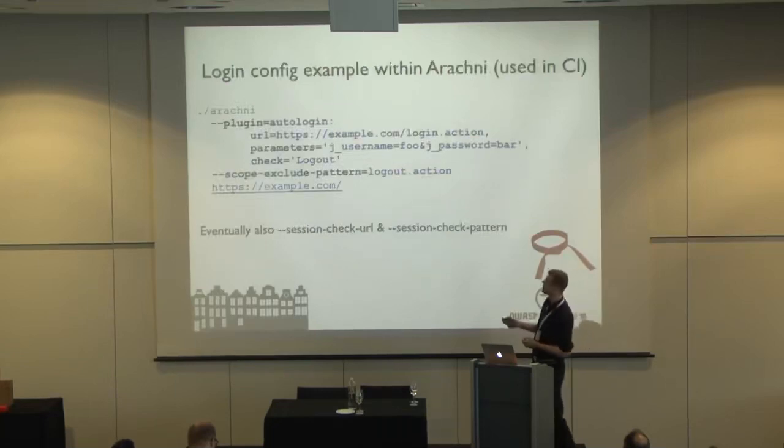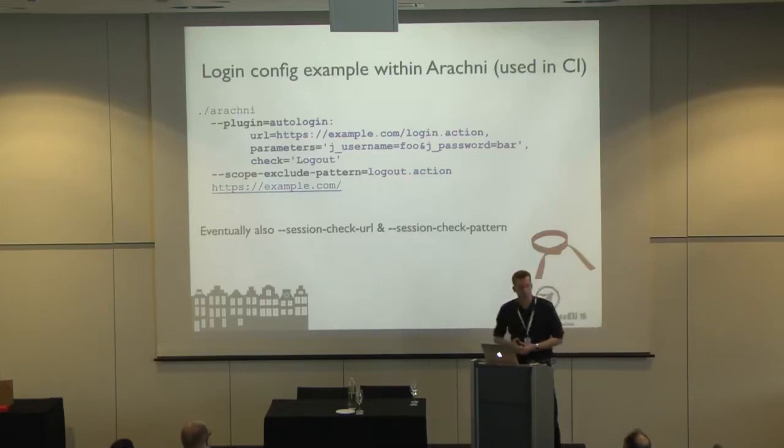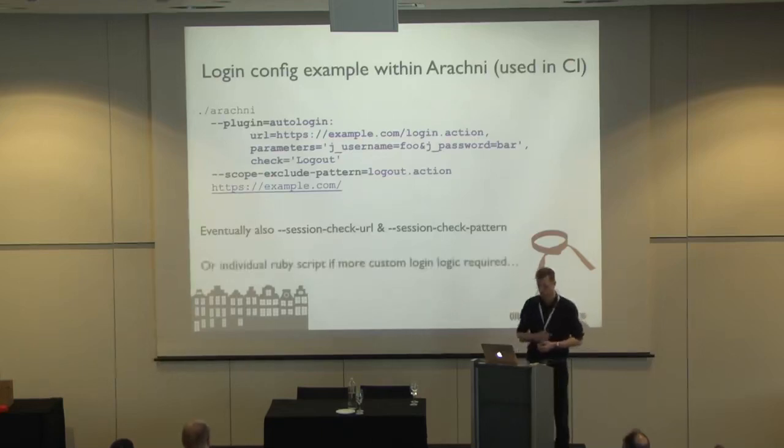The easy way is, in the command line step of the Arachni scanner, to use the URL where the login action resides, the login form, provide the username and password values as an ampersand-delimited string, and a logout check, basically a regular expression to watch out for the presence of a logout button as a clear indication that you're logged in. And you would definitely exclude the logout target so you're not spidering the logout itself. Or use an individual Ruby script if it's more complex.